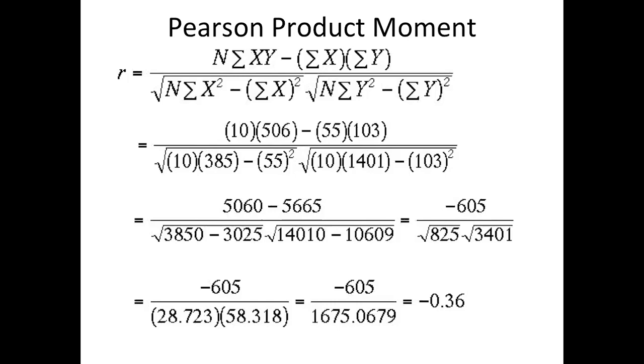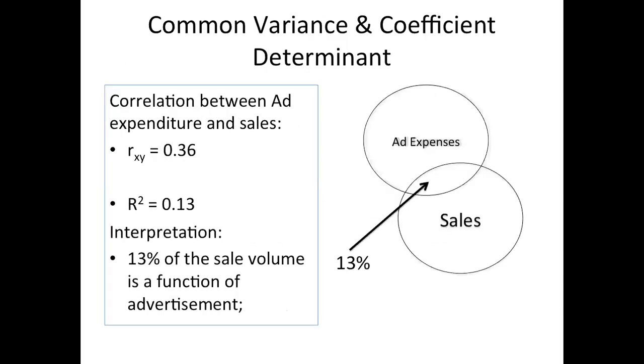Okay, so far, is there any question about how we calculate the correlation coefficient R between two variables? Next, we calculate the coefficient of determination, the R square.